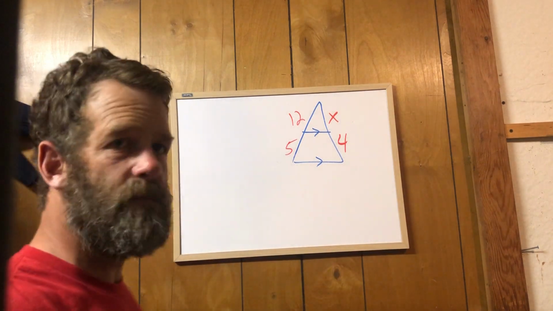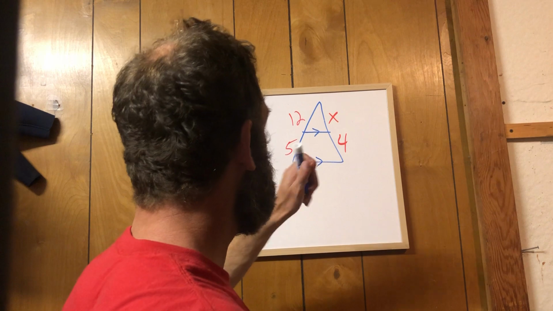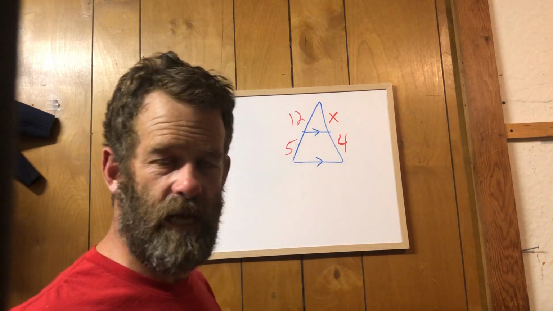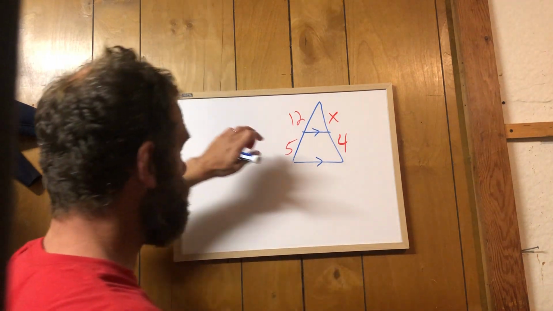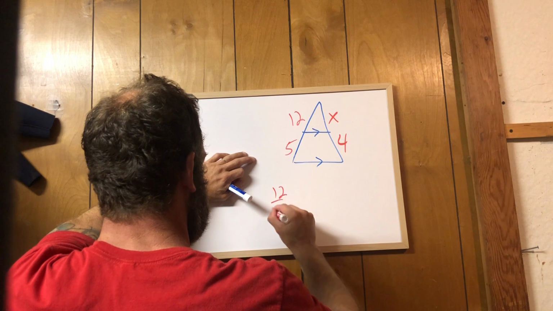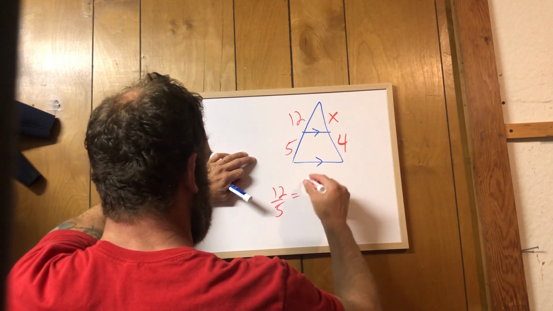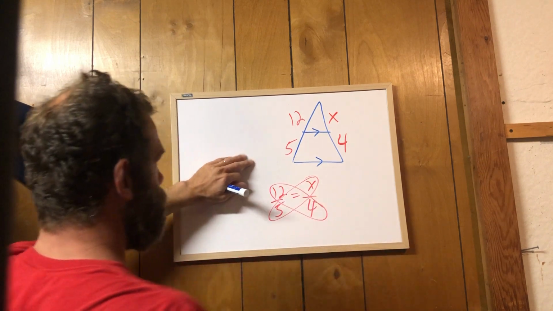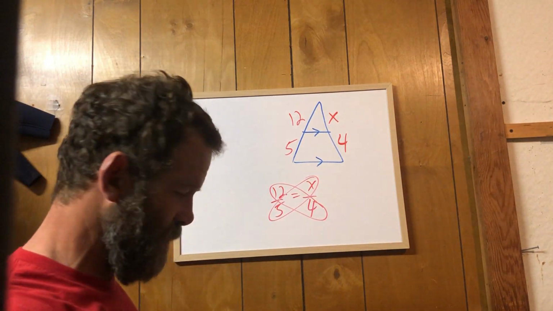So if I were to set up a proportion to solve for X, since this triangle is similar to this triangle, the triangle proportionality theorem works. And I can set this up a couple of different ways. I can say 12 over 5 equals x over 4. And then cross multiply to solve. That's one of the two easiest ways.